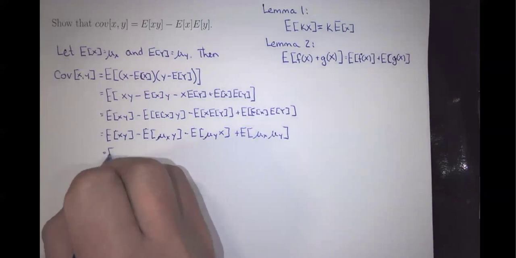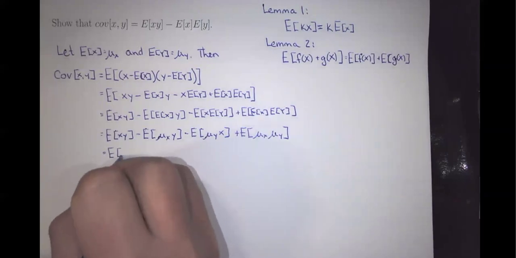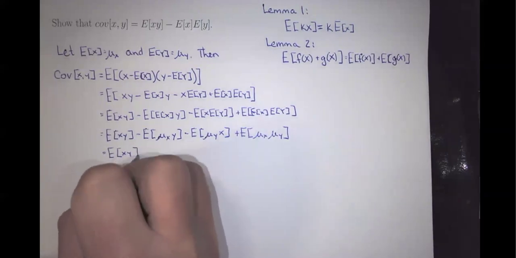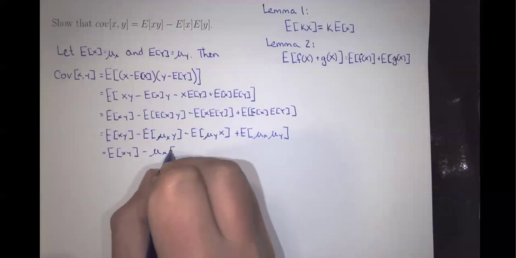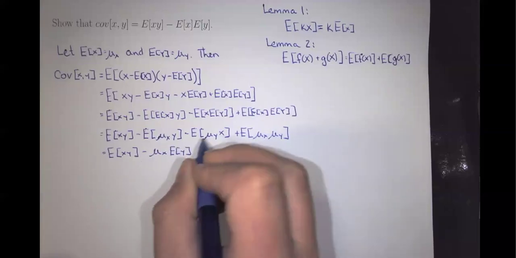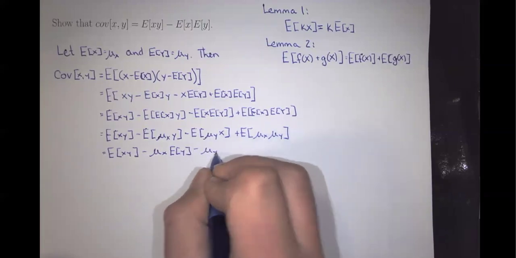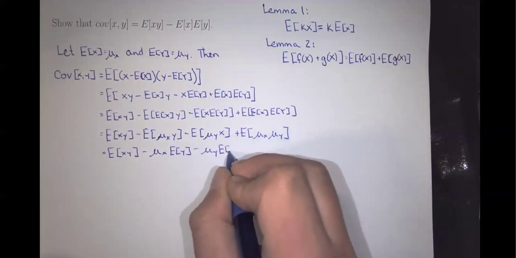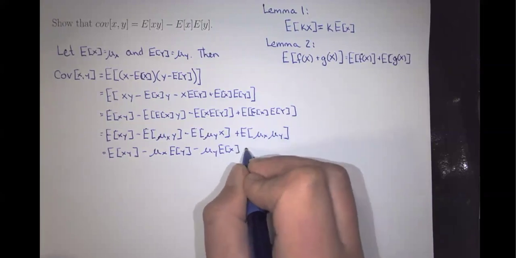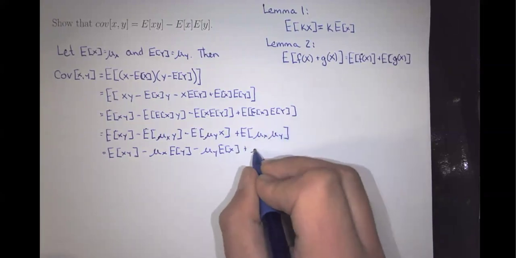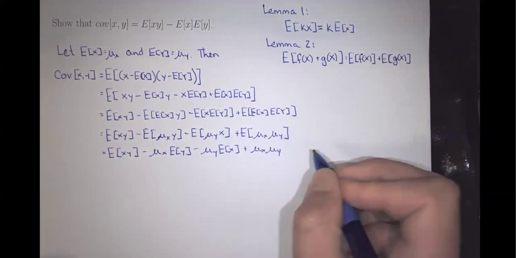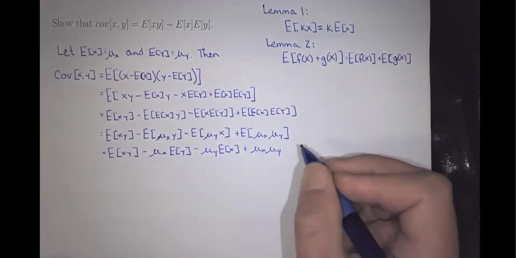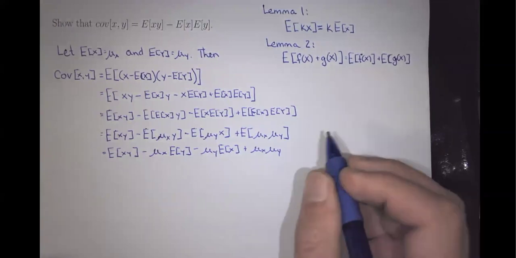So this is the expected value of xy minus mu x times the expected value of y minus mu y, the expected value of x, plus mu x mu y times the expected value of 1, which is 1.